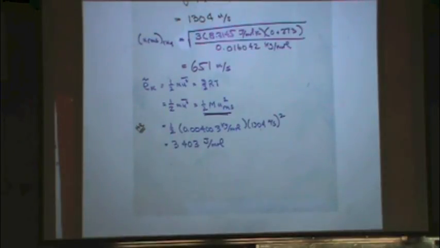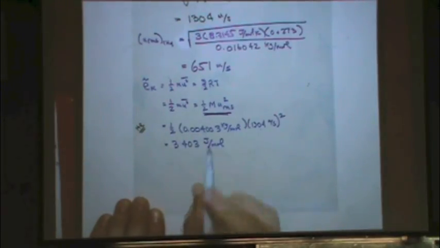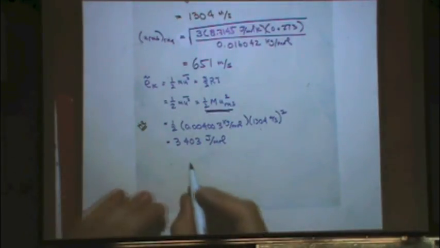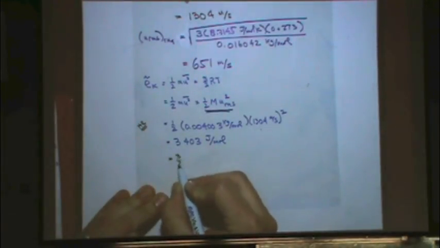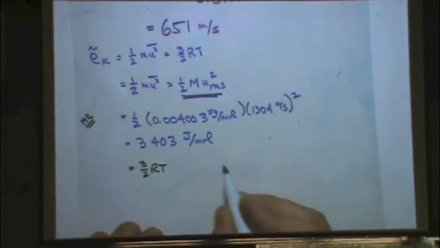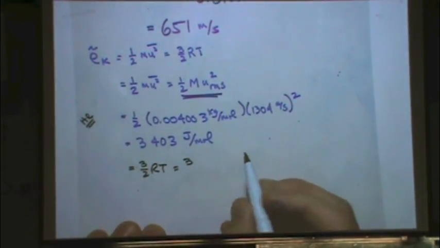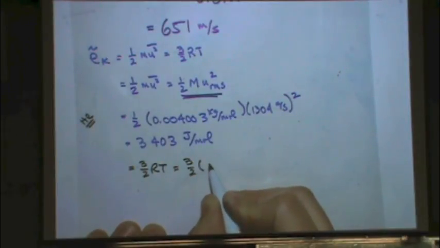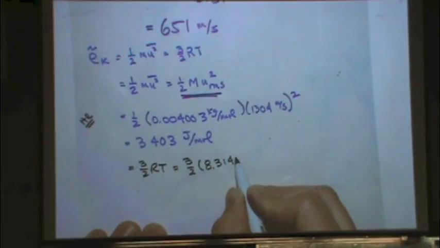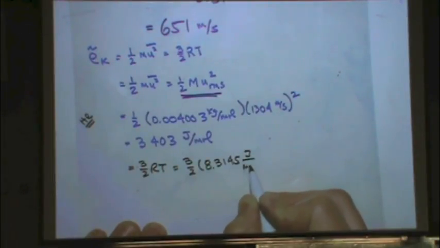All right, let's try this. Now let's use the second formula. Now I want to use this one, 3/2 RT. Let's try that formula. Again for helium, 3/2 R, 8.3145 joules per mole Kelvin.